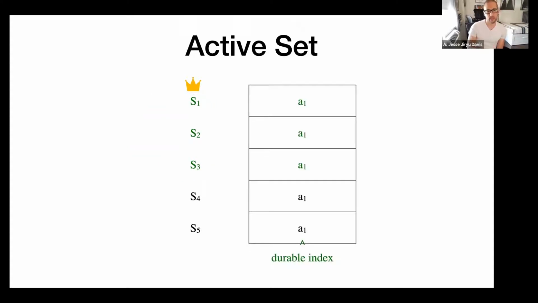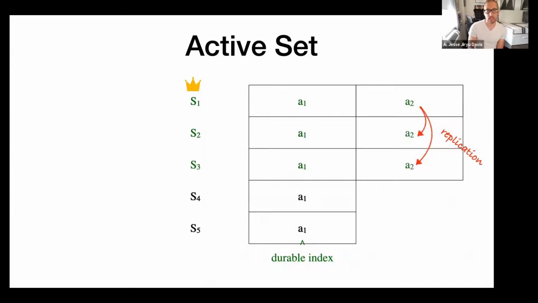And that means that the durable index is as up to date as the active set has replicated. If we write a value to the leader and the leader replicates it to all of the members of the active set, then the leader can advance the durable index before it has replicated to the other followers.